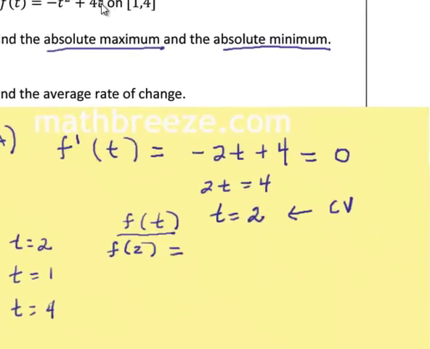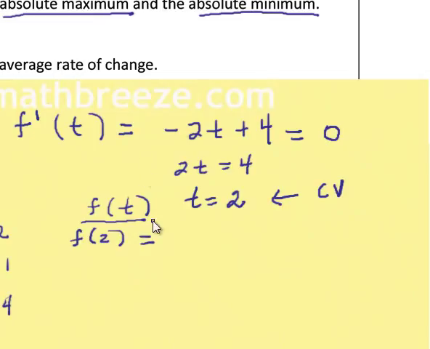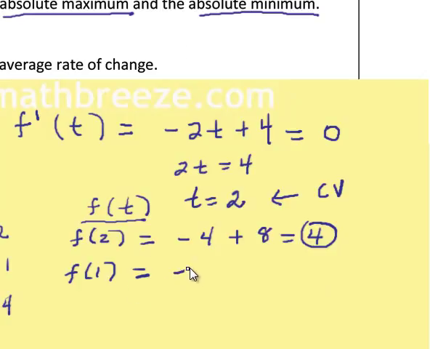And again, we're substituting right into -t² + 4t, so that would be -2² + 4 times 2, which is -4 + 8, and we have 4. All right, now let's do f(1). Okay, substituting into here, we have -1 + 4, and that's 3.